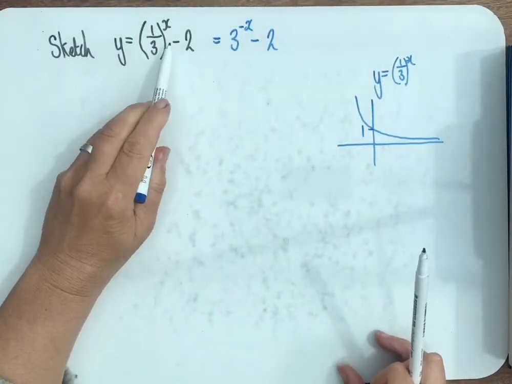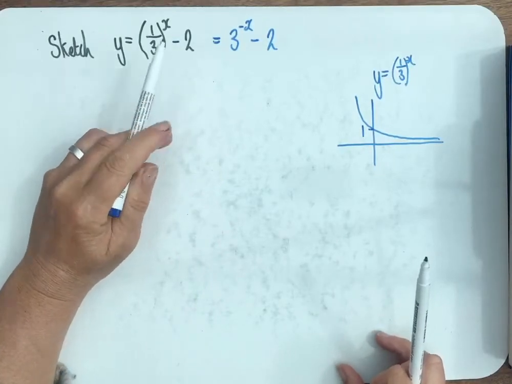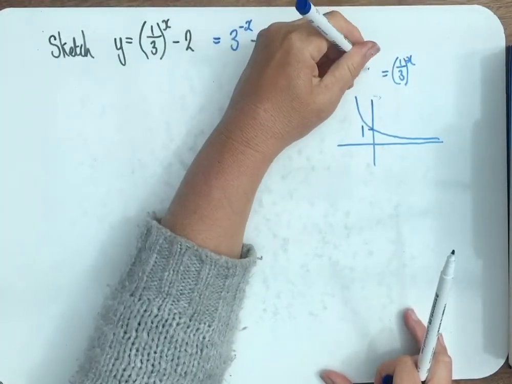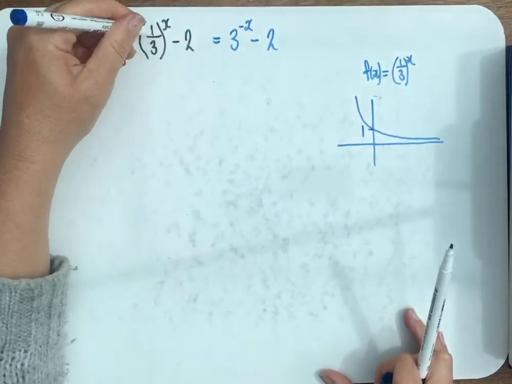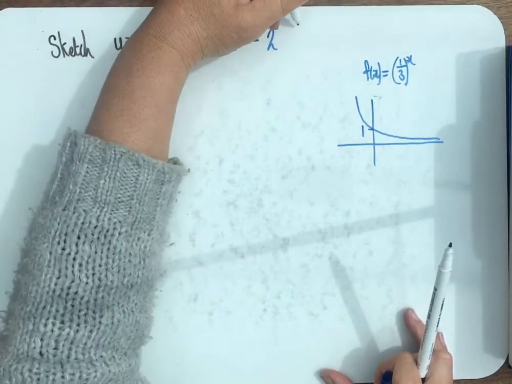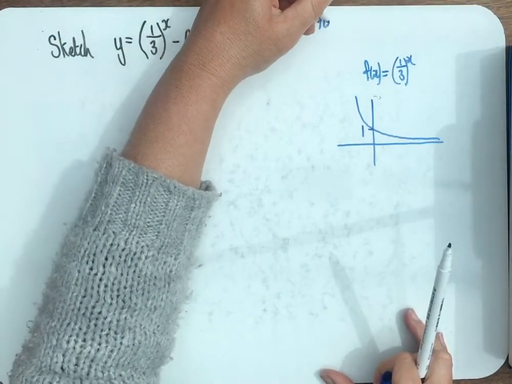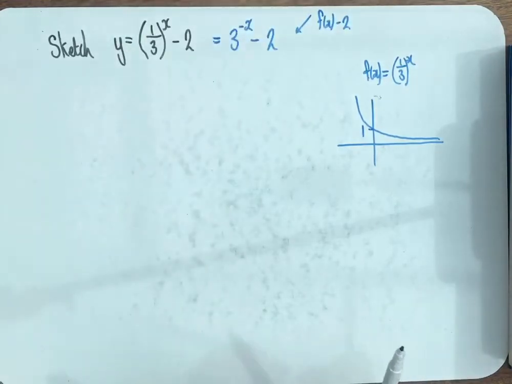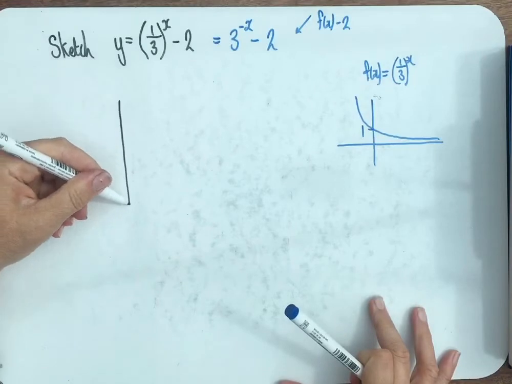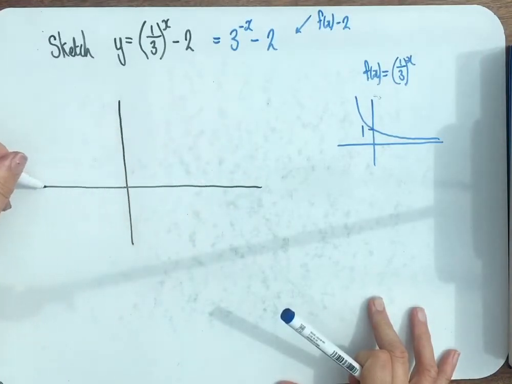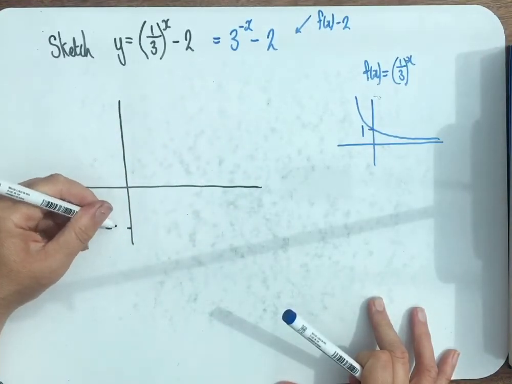And then it will have been moved down by 2. So similarly, if this is your f of x, then this here becomes f of x minus 2. So transformations are actually really useful in curve sketching. So this time I want to pick up the asymptote and move it down by 2.